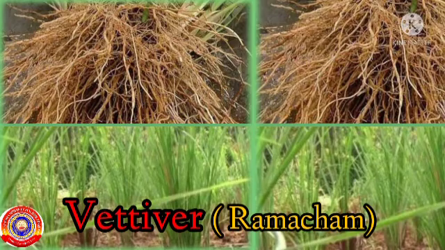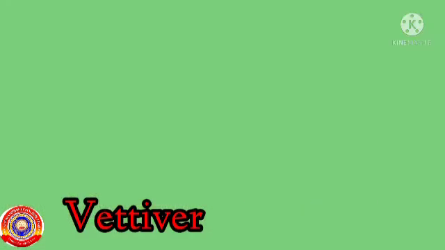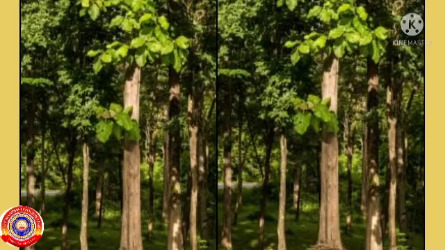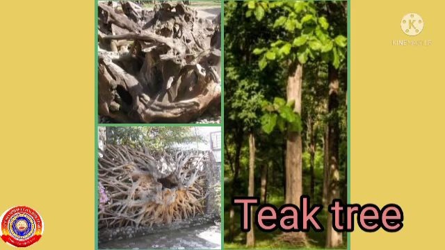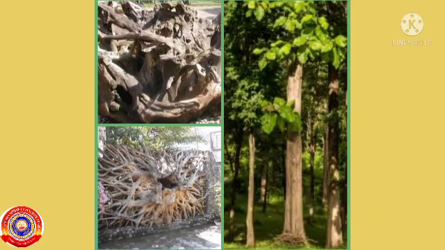What is the use of these roots? Yes, the roots of ramacham is used for making medicated drinking water. Did you know the name of this tree? This is teak tree, and its roots are used for making decorative things.